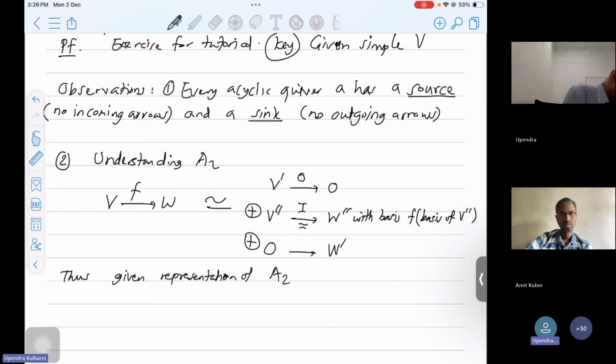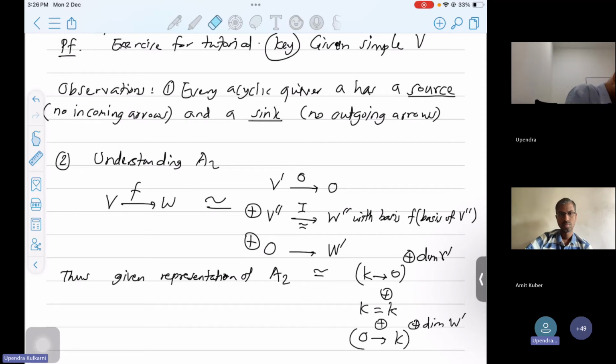of A2 is isomorphic to a direct sum of three representations. The first representation is k going to 0, taken dimension of V prime times. The last one is 0 going to k, taken dimension of W prime times, and the middle one is just an isomorphism, right?